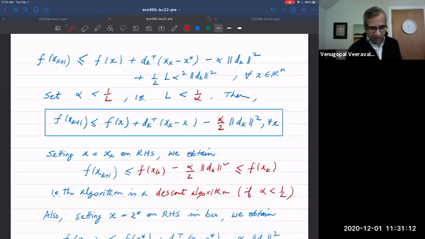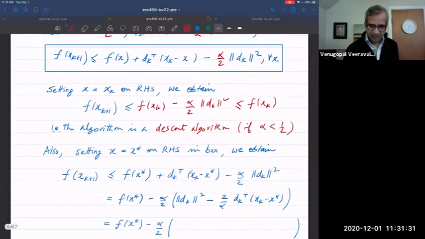So the fact that you have a descent algorithm also means that I can use backtracking. Even if I didn't want to use a constant step size, if I didn't know the Lipschitz constant, I can always use backtracking to ensure that I go down. Is that clear? All right.